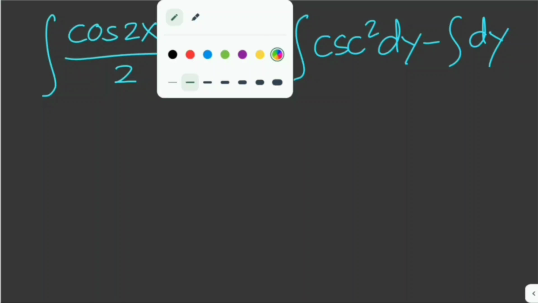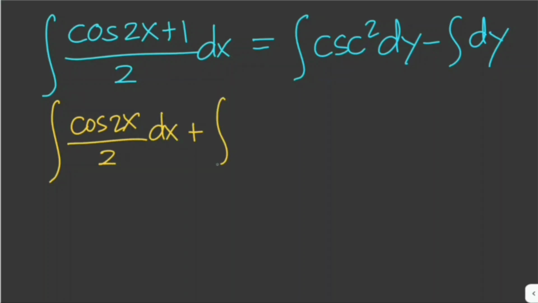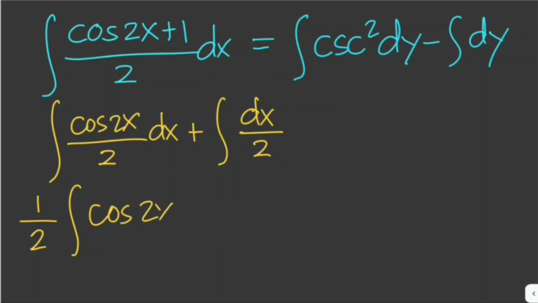Okay, so let's start integrating the left side of the equation. So we can separate this. We can rewrite this as the integral of cosine 2x over 2 dx plus the integral of dx over 2. Since 1/2 is a constant, we can just factor that out, so this would be 1/2 integral of cosine 2x dx plus 1/2 integral of dx.